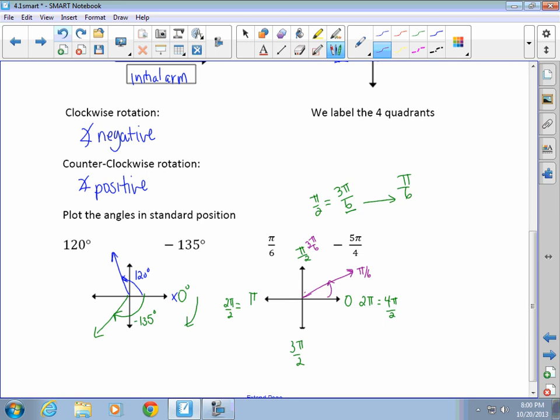Negative 5 pi over 4. So if I thought of these as all being in terms of denominators of 4, this would be 0.